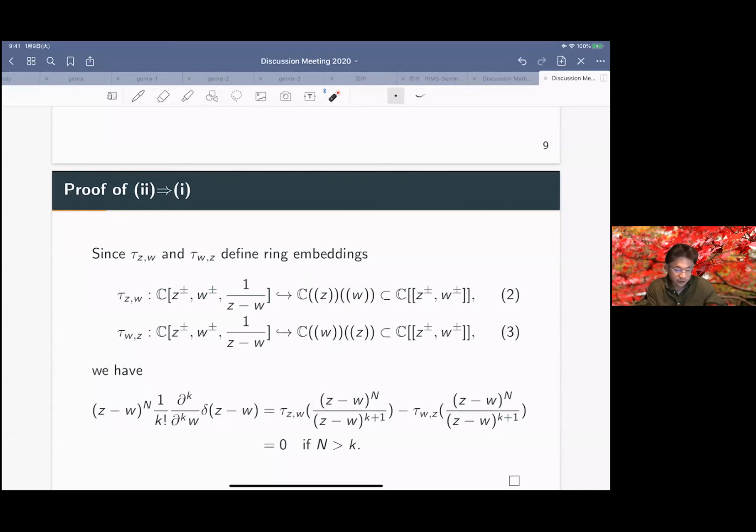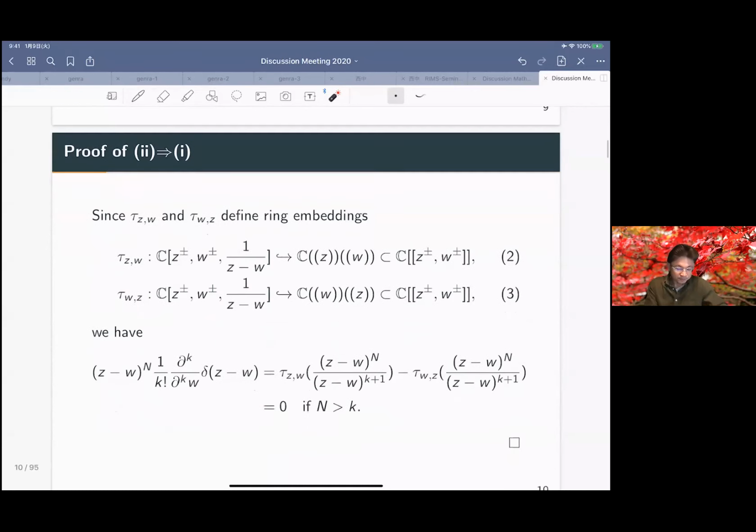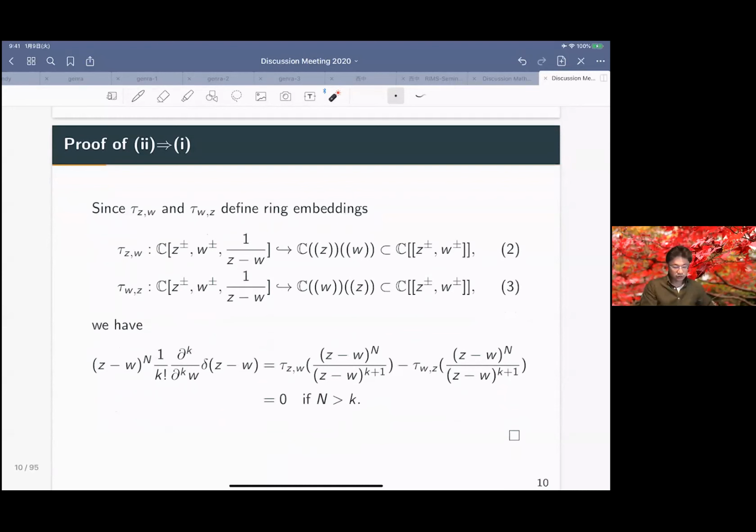And so this defines an embedding into this field. So if you apply z minus w to the n to this derivative of this delta function, you can put this inside, and you get this expression. And if n is greater than k, this is just a polynomial, so you don't have to expand. So you get the same element here. So this difference is 0.